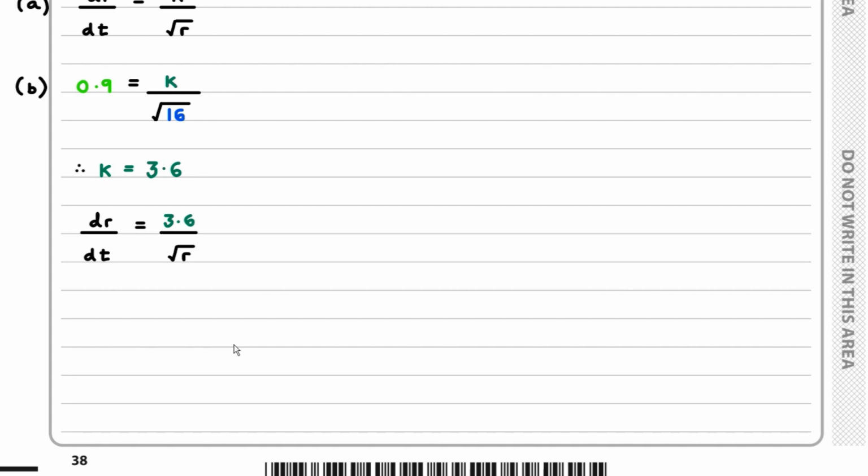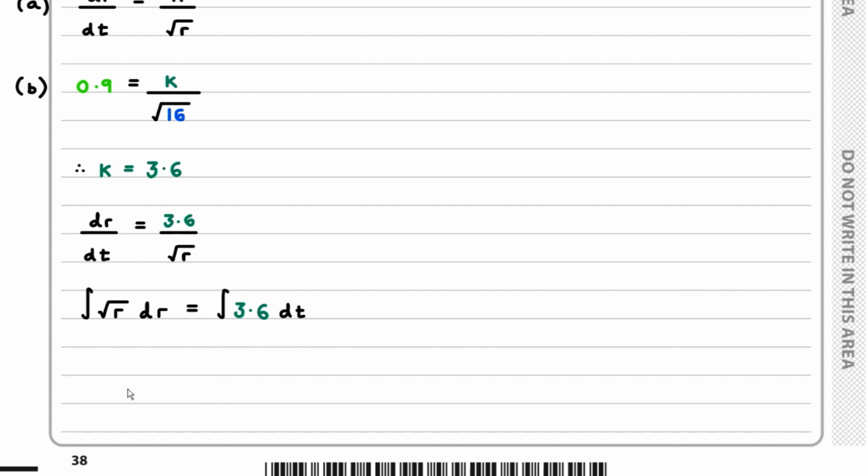If I now separate the variables and then integrate, we have the integral of the square root of r with respect to r equals the integral of 3.6 with respect to t.